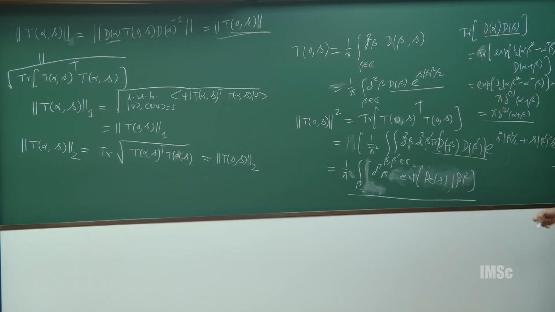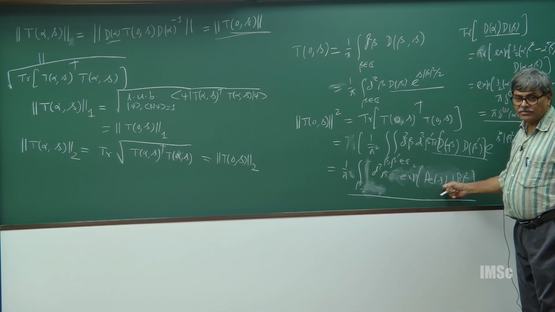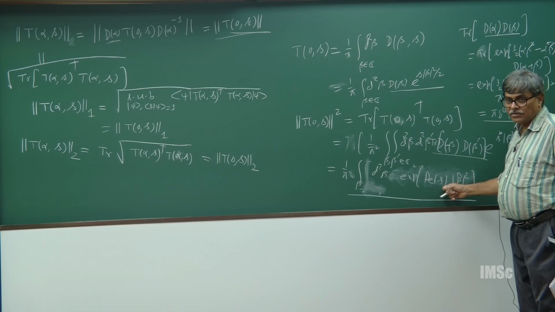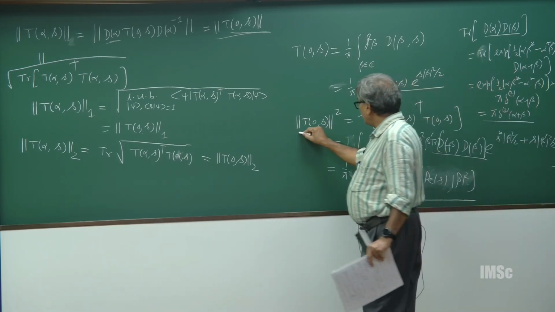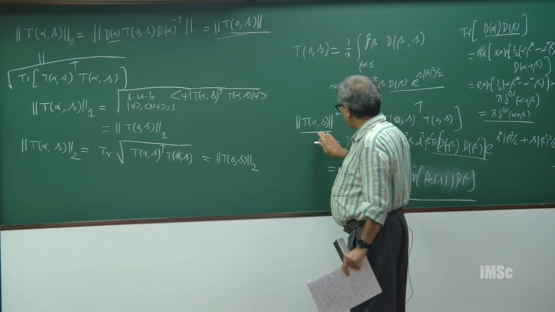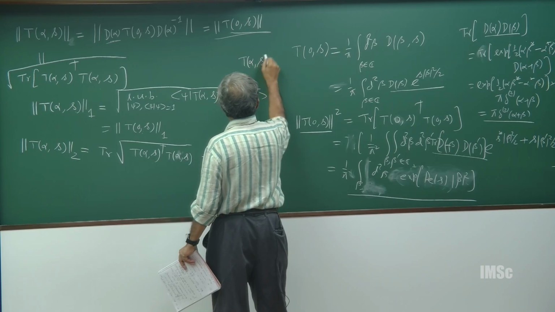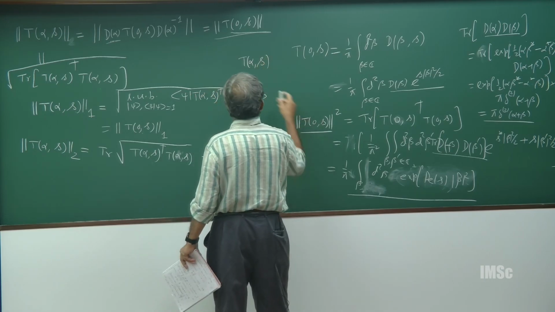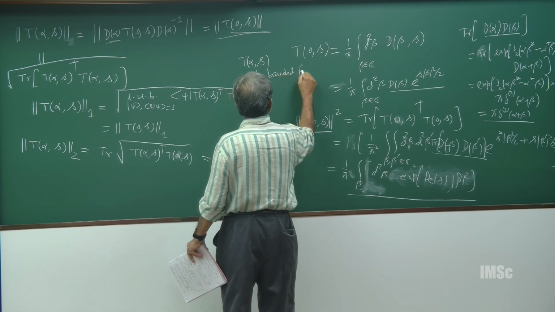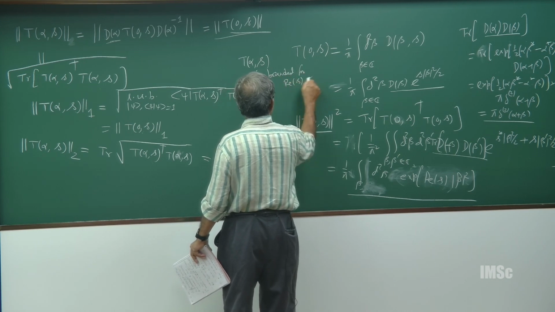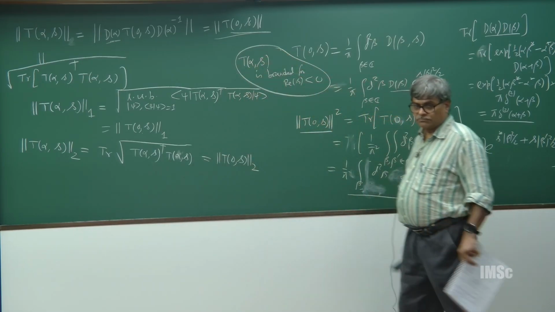This will be finite only when real part of s is negative, right. Okay. So, therefore, this operator is a bounded operator. So, therefore, I can say T alpha s, at least norm wise, is bounded for real part of s being negative. Okay. Is that clear?